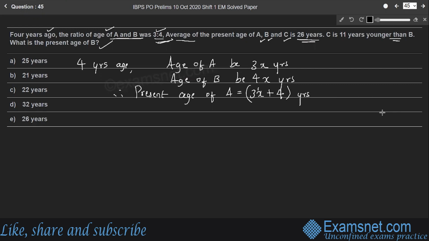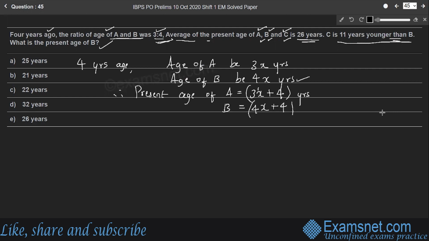Because it is given that average present age of A, B and C is 26 years. So if you use the formula A plus B plus C by 3, because average is A plus B plus C by 3 is equal to 26 years, substitute the values of A, B and C, where C is 11 years younger than B. So what is 4 years ago B's age? 4x. So present age of B will be 4x plus 4.